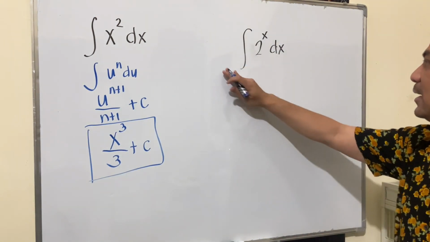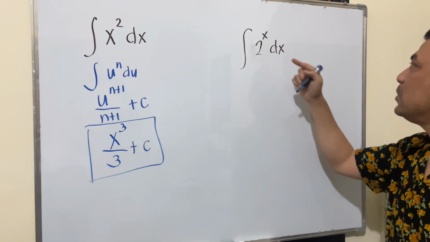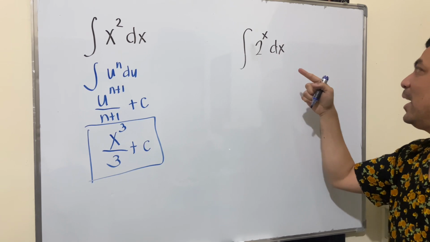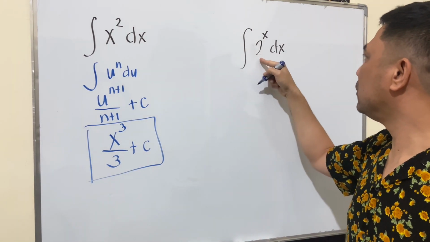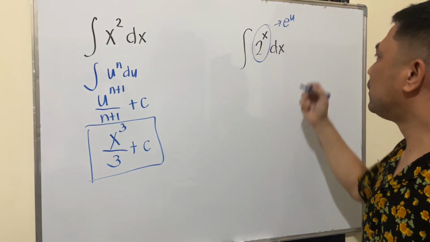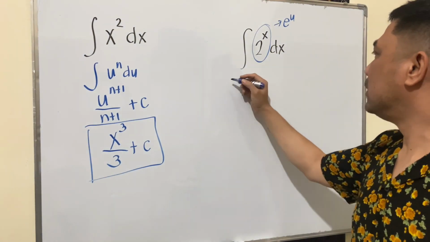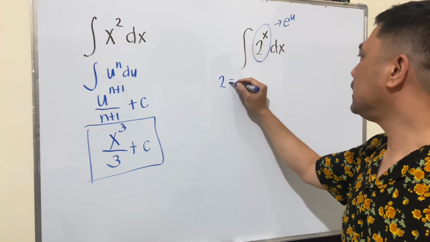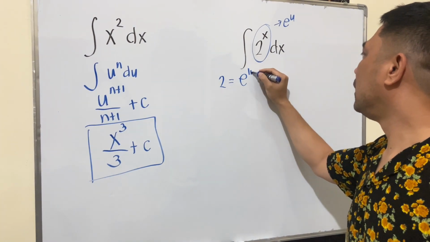Okay, the second one is a bit tricky. So 2 raised to x dx. As we all know, we want to put this in the form of e raised to u, so that it will be a lot easier to integrate. So we can say that 2 is equal to e raised to ln 2.